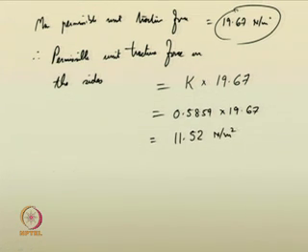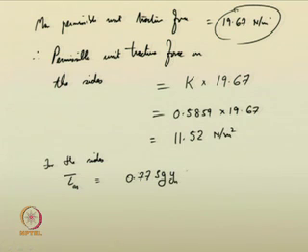As you know, for the sides, tau 0 s is equal to 0.77 rho g y n S naught.